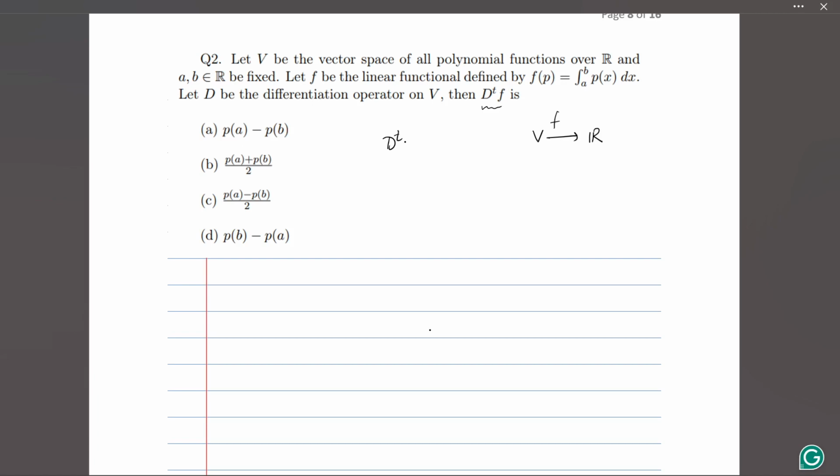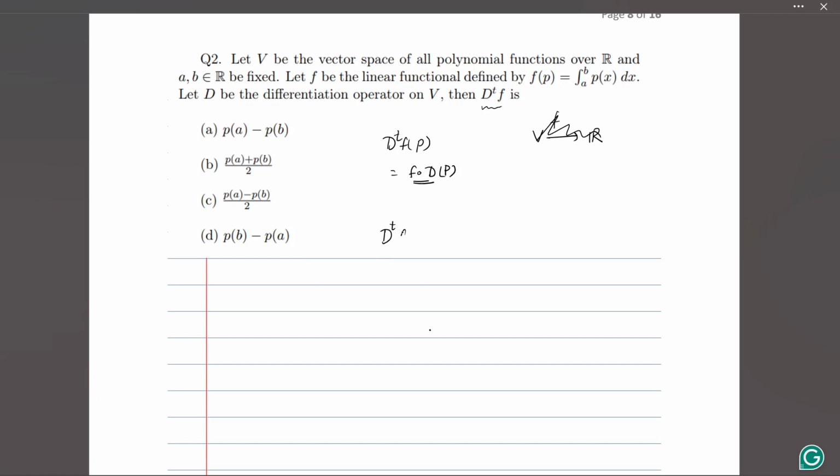By definition, it was like this: D transpose of F applied to P will be equal to F of dP, right? This was the definition. So let's see what it is. Evaluate at some point.